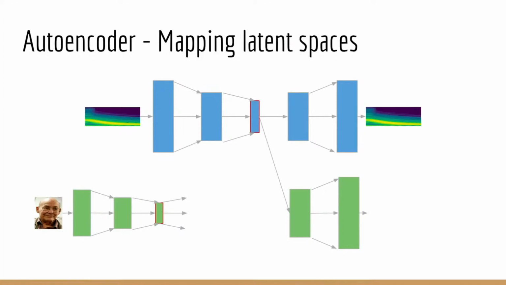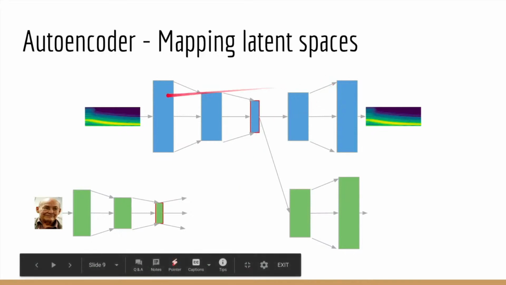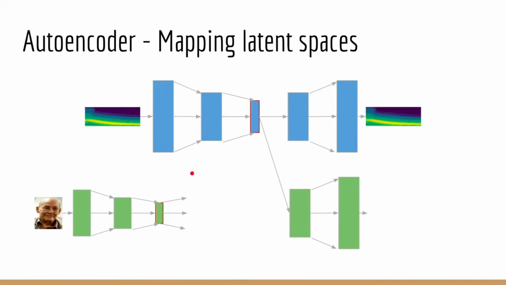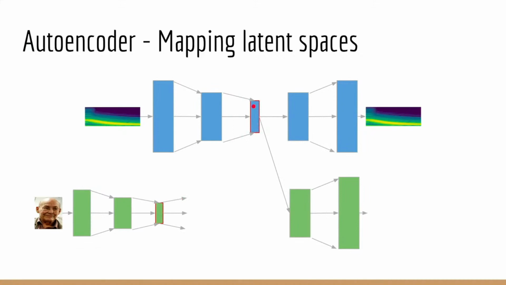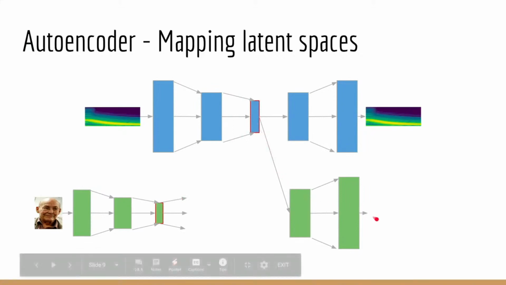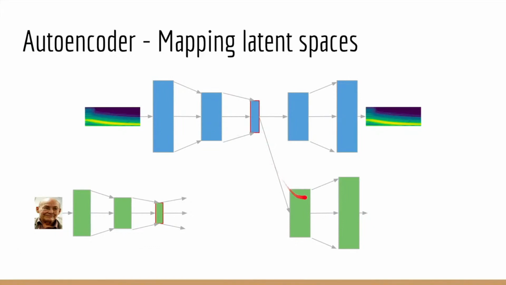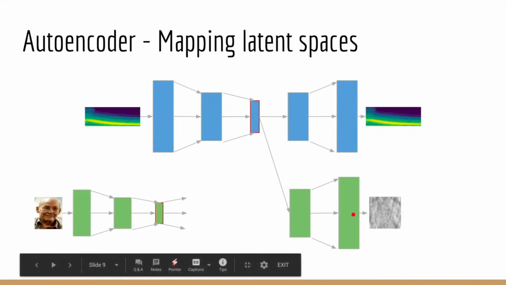Once these networks are trained, we can combine the models together. In this example, we encode spectral data from sound. If these two latent spaces are of the same size, we can then use the audio latent space, the feature space, to map into video. So we encode audio, but then decode that feature into video.